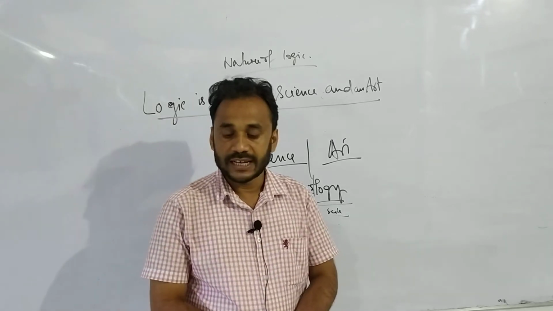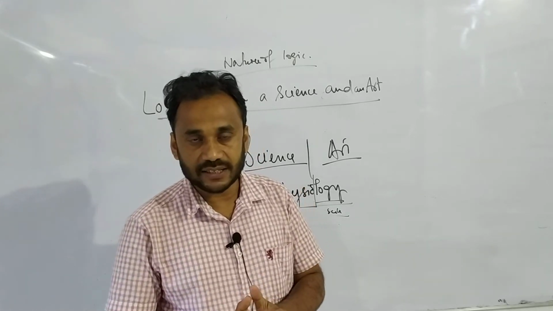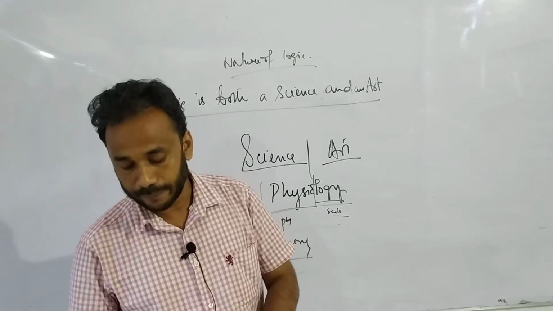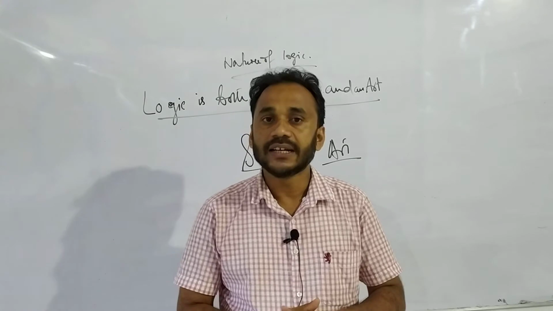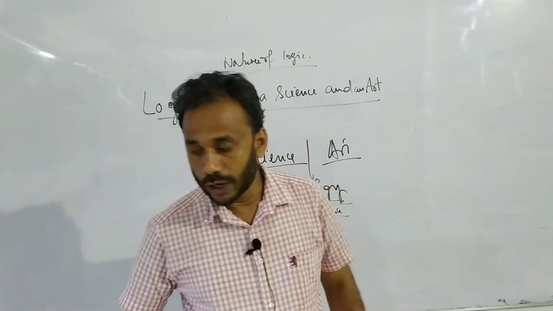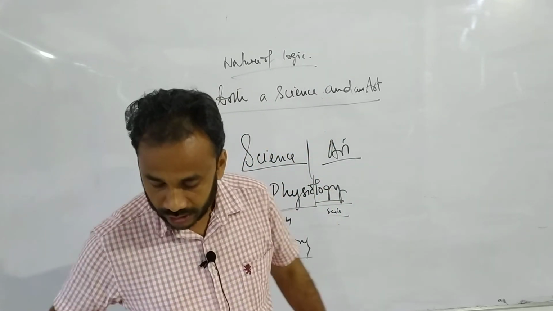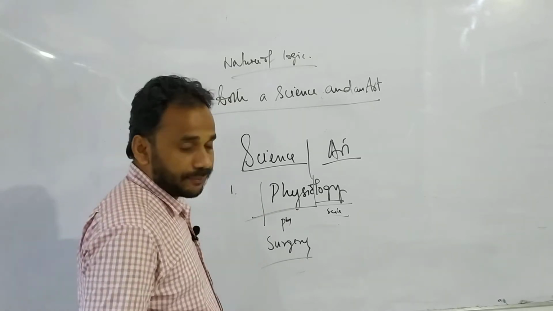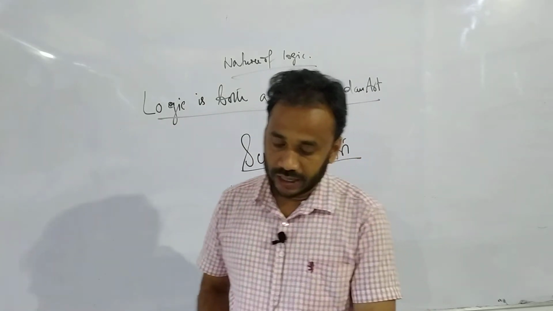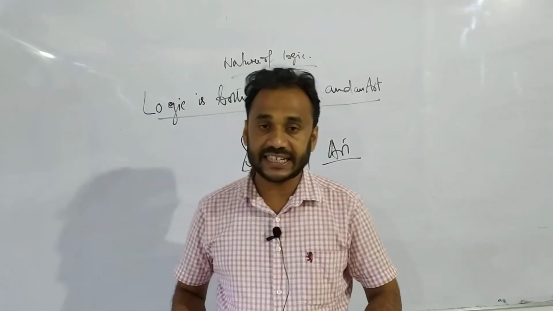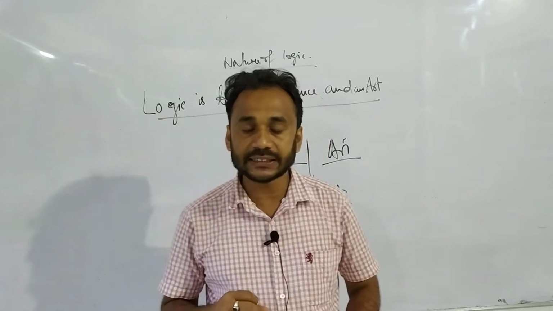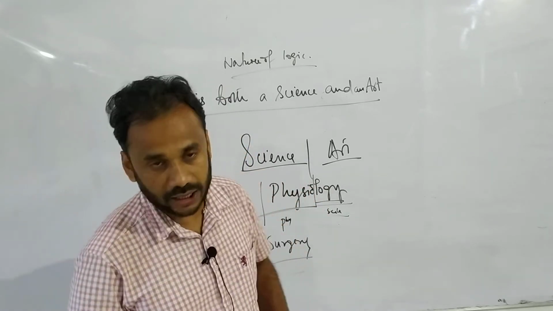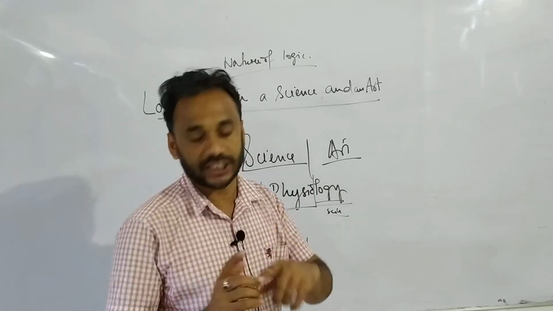However, a science and an art cannot be detached from each other. Knowing is ultimately important so far as it helps doing. In fact, a science and an art are complementary to each other.